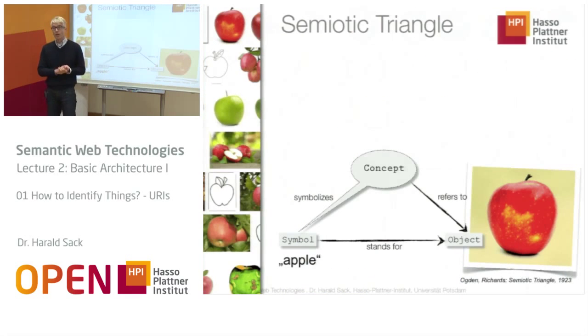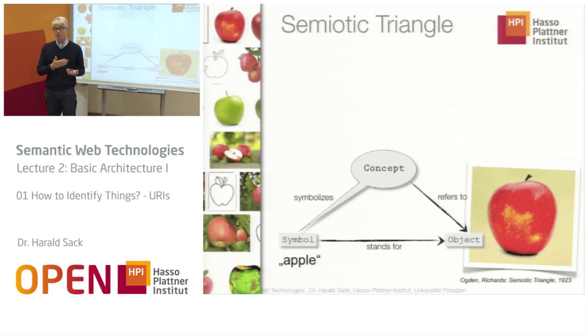So, we have seen this semiotic triangle already. When we talk about an apple, then we have apple, the symbol, the word that I'm speaking. And this stands, of course, for an object of the real world, the object you have seen in my hands. But on the other hand, in your mind, the concept of an apple, including all its general properties, occurs.